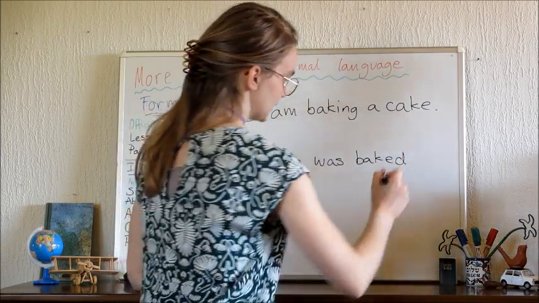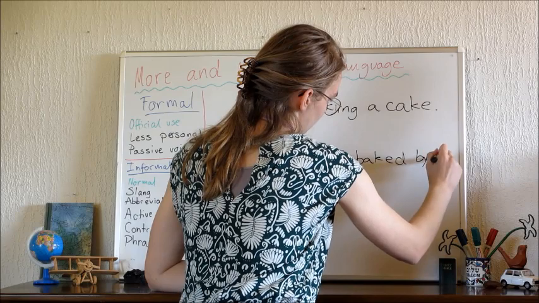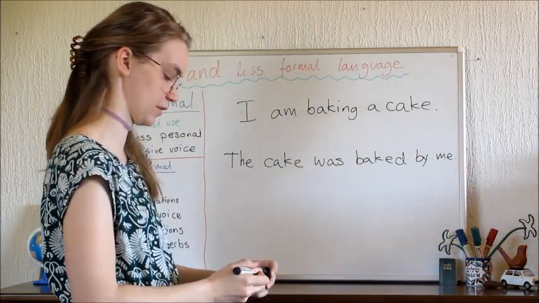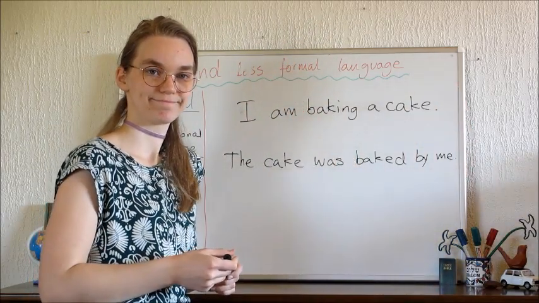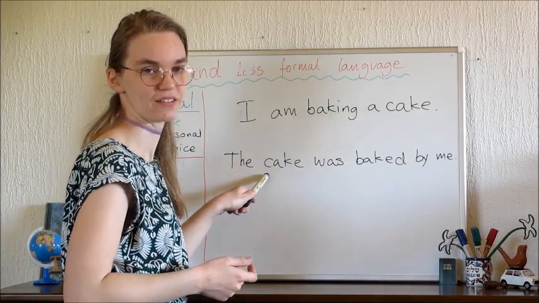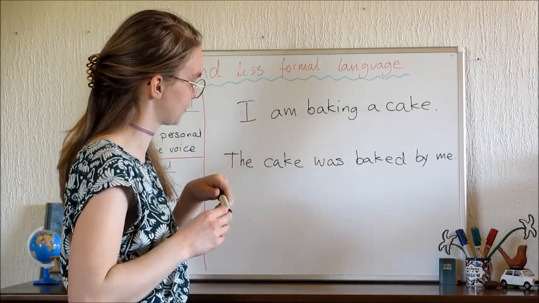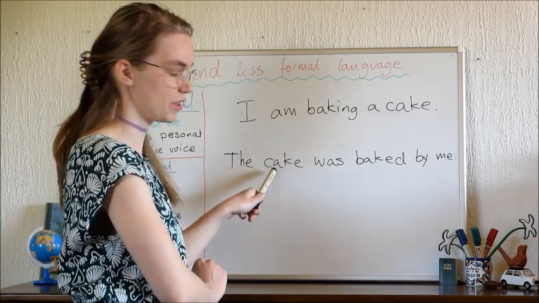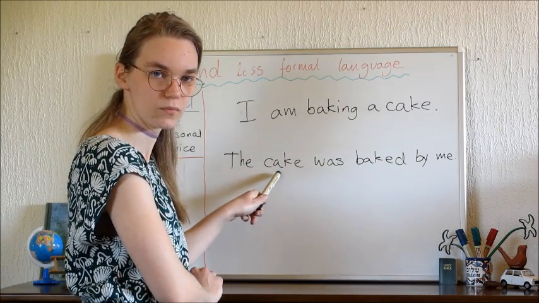And then you can add by me, right? So this means exactly the same thing. So this is past tense, but you could do it in present as well. But this one is passive voice.